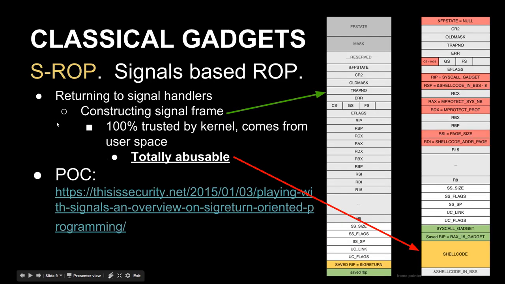So signals-based ROP comes from a fantastic paper in 2015, Playing with Signals: An Overview on Sigreturn Oriented Programming.